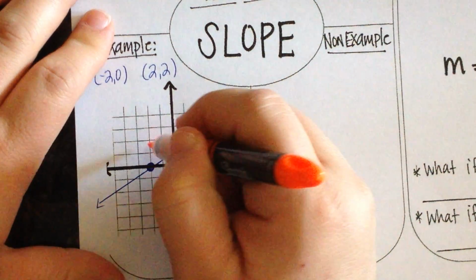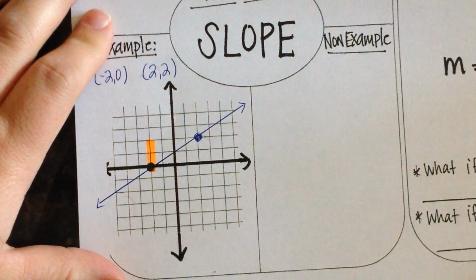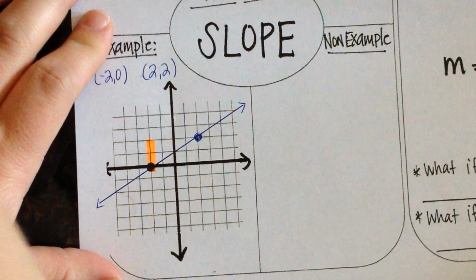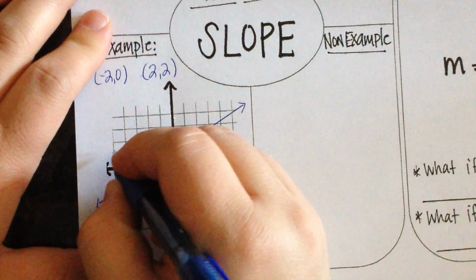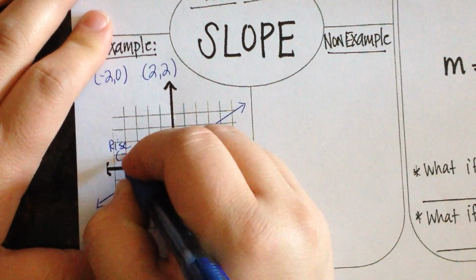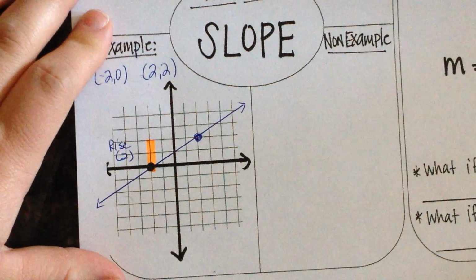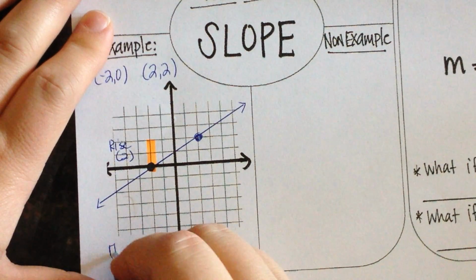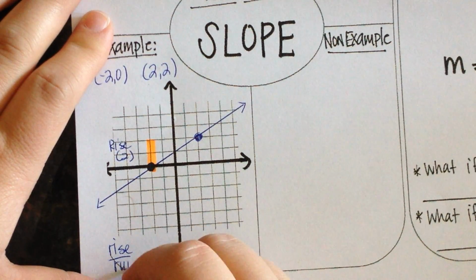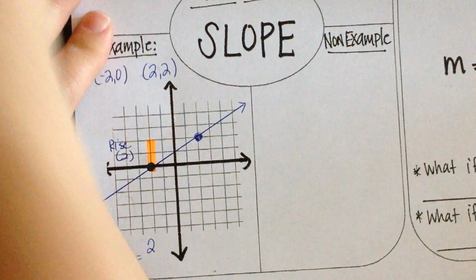In this case, I can start at any one of these points. If I start here and go up, my rise is positive 2. I'm going up 2. So rise over run, my rise would be 2.